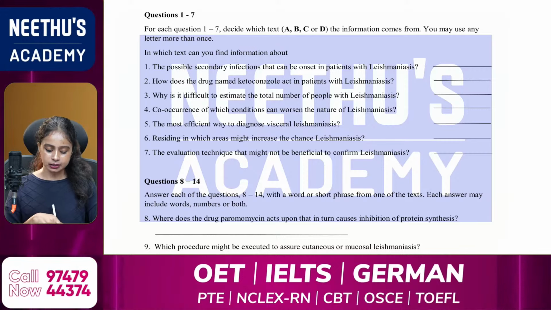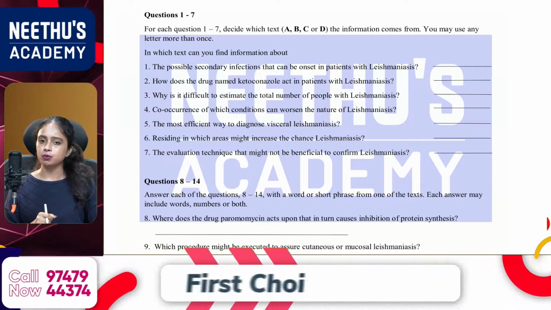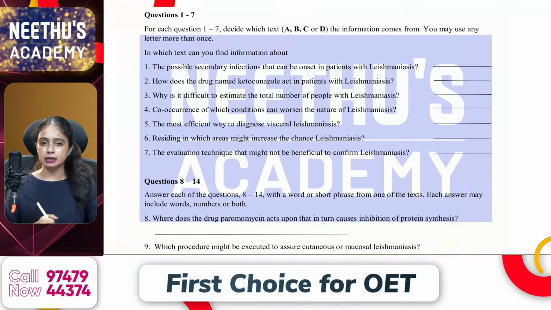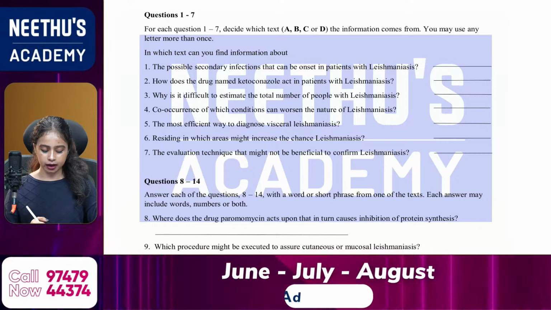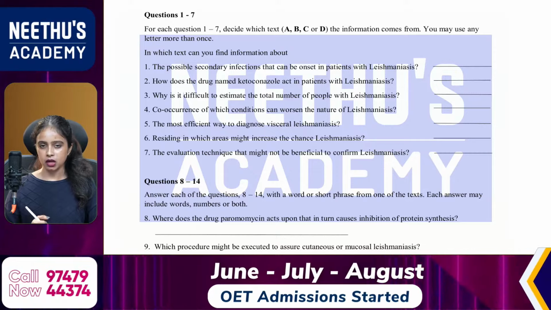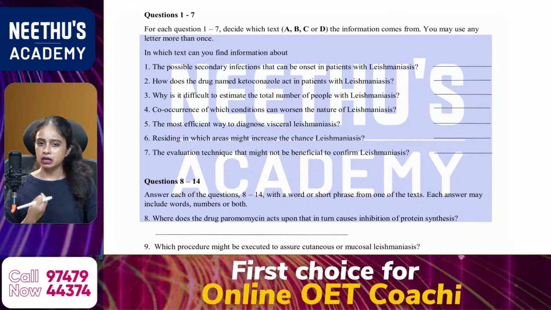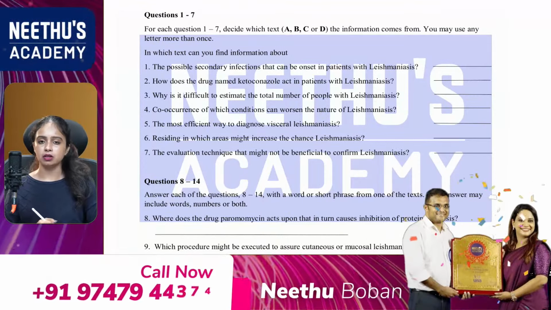What is next? The numbers. Whatever numbers are mentioned, it's important to mark all of them. Signs and symbols. Then names. Maybe the name of a person, a disease condition, an instrument, a country. Whatever names they have mentioned, you can mark all the names.